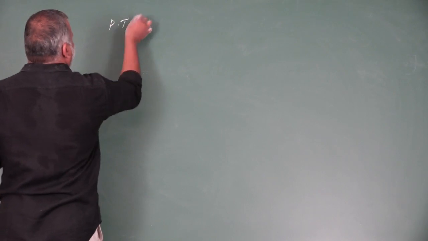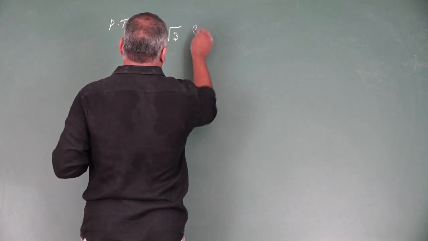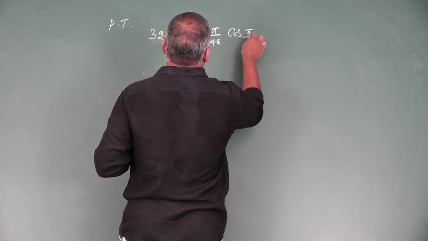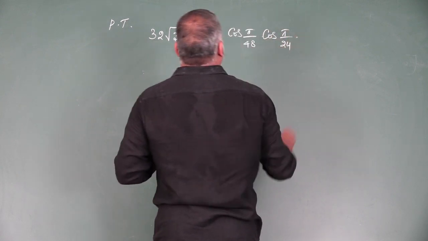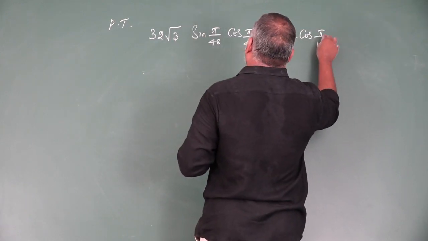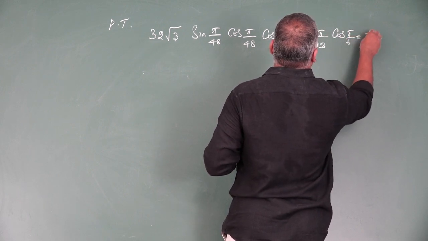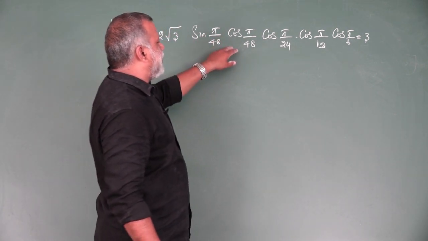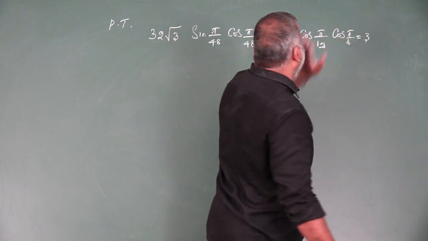Now listen, one very interesting question. Prove that 32 root 3 sin pi by 48 cos pi by 48 cos pi by 24 cos pi by 12 cos pi by 6 is equal to 3.